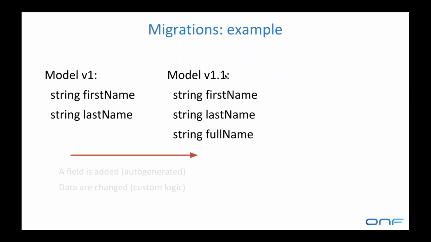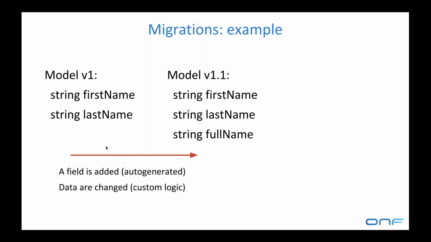Okay, so as probably most of you know, we have a version 1 of the model. This is a dumb example model. We have a first name and a last name. We want to migrate it to a version 1.1 where we add a full name.